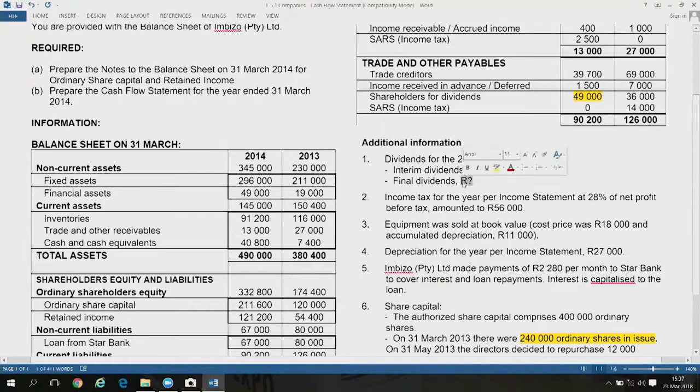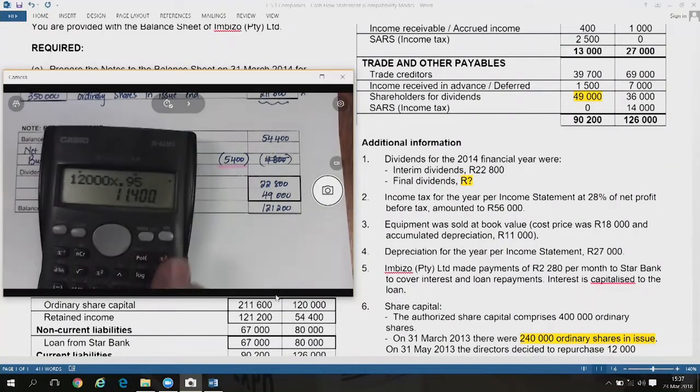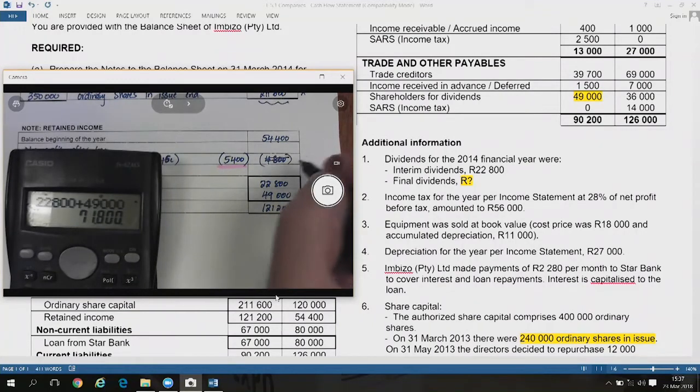Please make sure that you know this, because sometimes they're not going to give you the final dividend, so you must know that your final dividend is your shareholders for dividends at the end of the year. 49,000 there. 22,800 plus 49,000 gives us 71,800 in brackets.